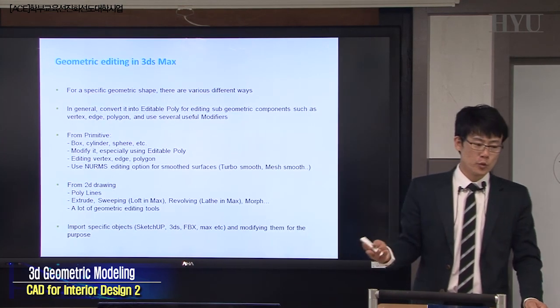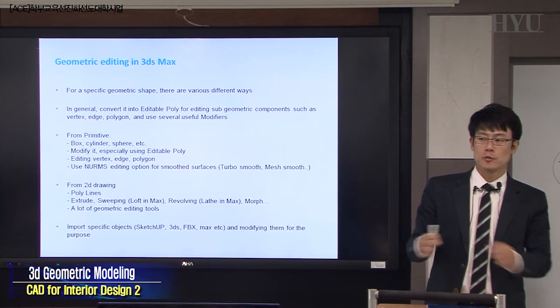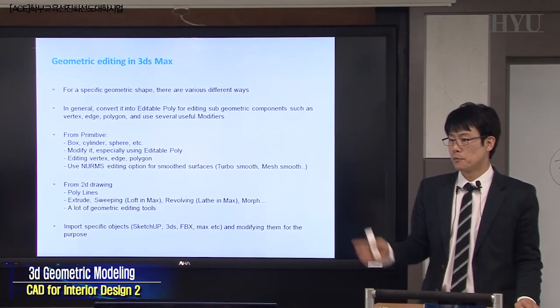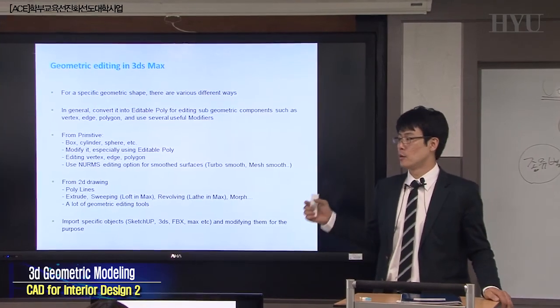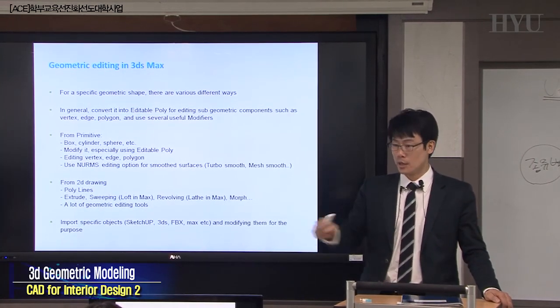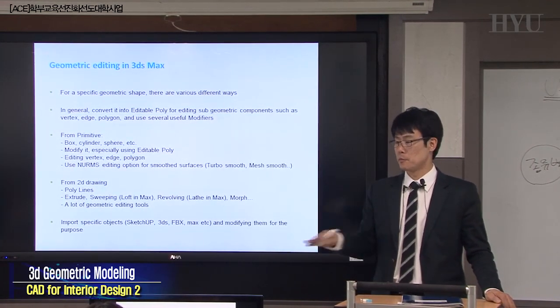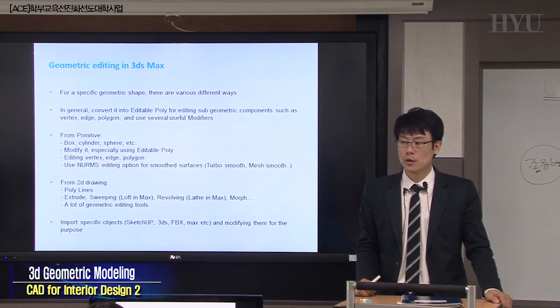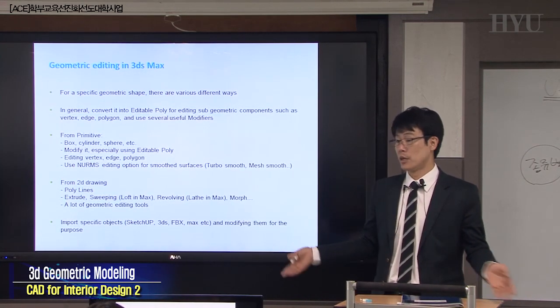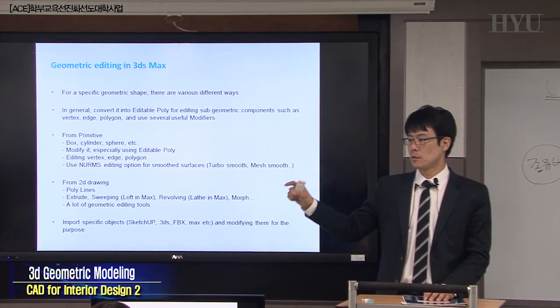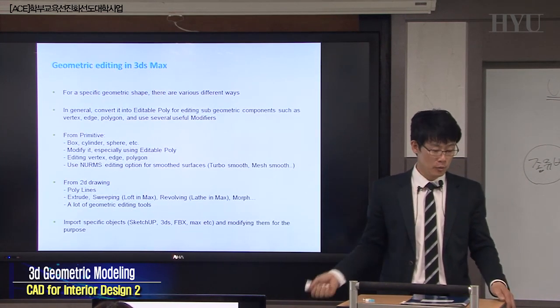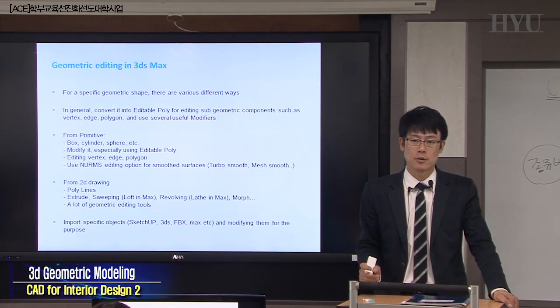For example, if you want to create some kind of interior environment, the first thing you can do is draw a box and install a camera inside of that box. That's it. That's the fundamental environment for an interior room, something like this. And you can create some vertices and edges for creating windows, ceiling, or bottom objects, doors, and so on.